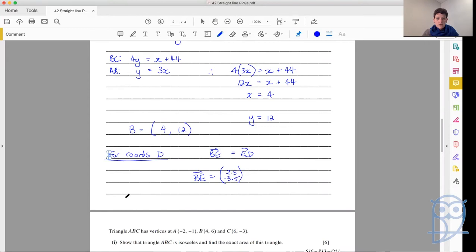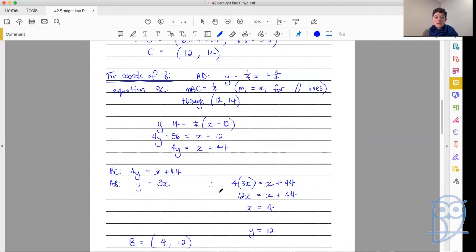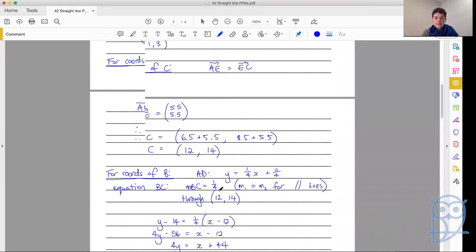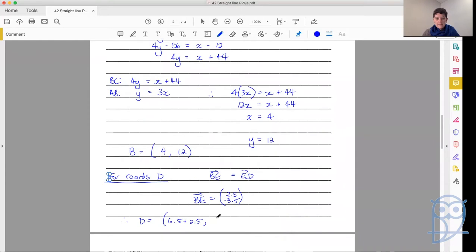So therefore, D equals the 6.5 plus 2.5. And then the 6.5, 8.5. Yes, 8.5 minus 3.5.